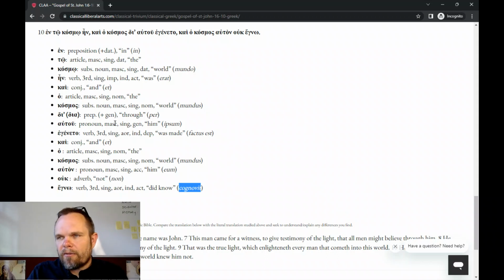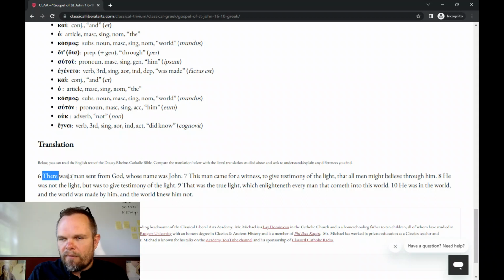So there's our translation of verses 6 through 10. We've gone through every word in the translation. Everything was pretty smooth, except for some multifarious translations of prepositions. And also a little interesting note about the verb egeneto.